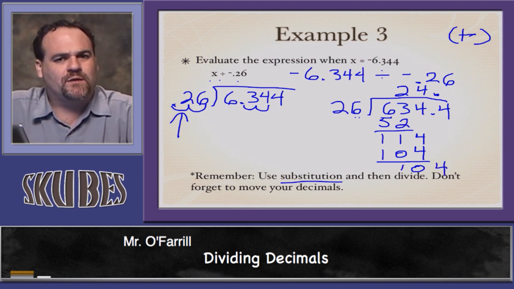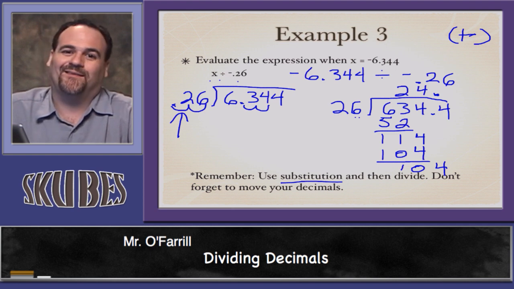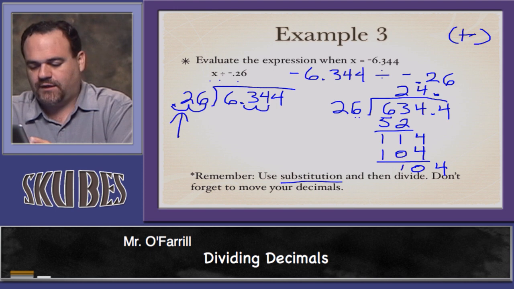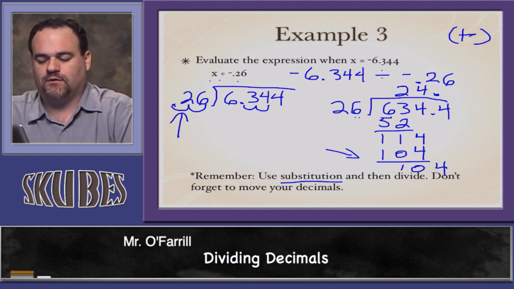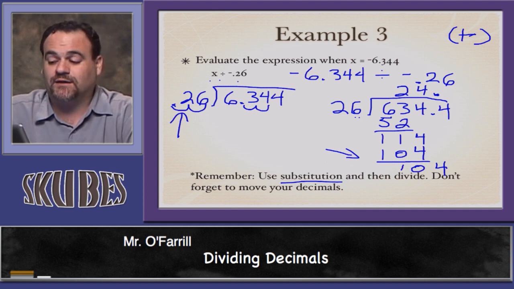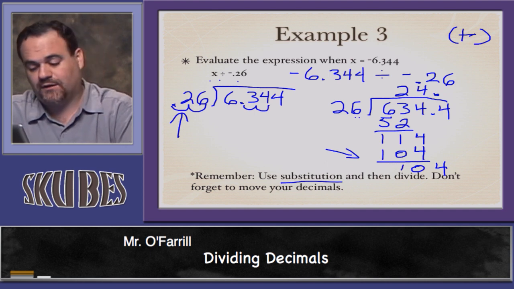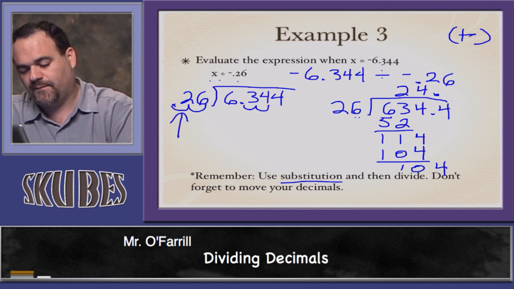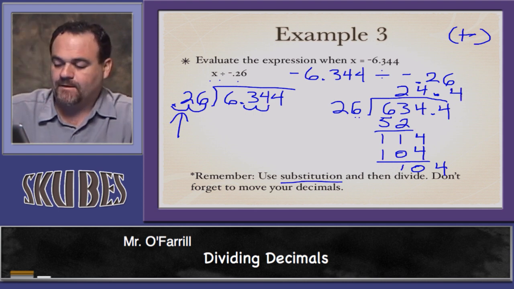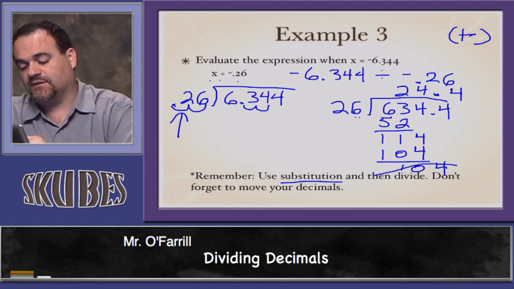Well, almost running out of room. This problem's going to take a few steps, but did you notice what I just noticed? We have a 104 right here. We already know how to make a 104. 26 times 4 gives us 104. So we're going to go ahead and just put that there. And we know that that's going to cancel out.